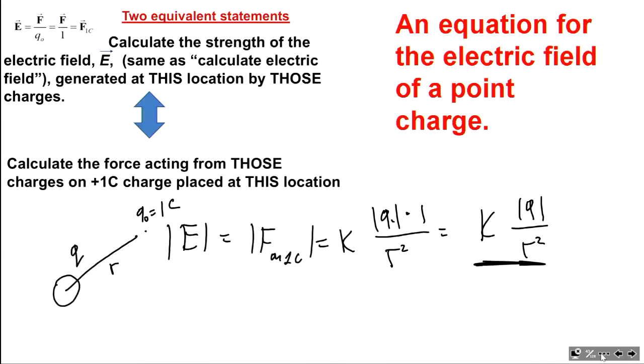Yes? The Q is the source charge. Source charge generates this electric field, is responsible for the existence of that electric field. And electric field, again, is a name for changing property of space around it.